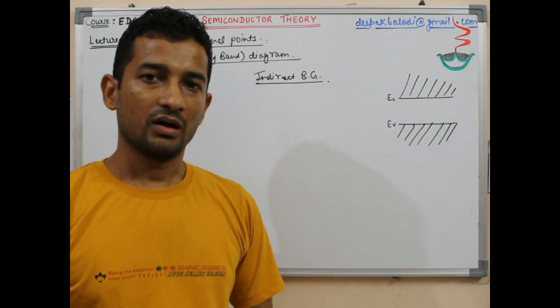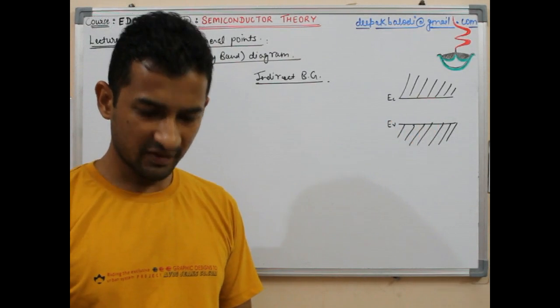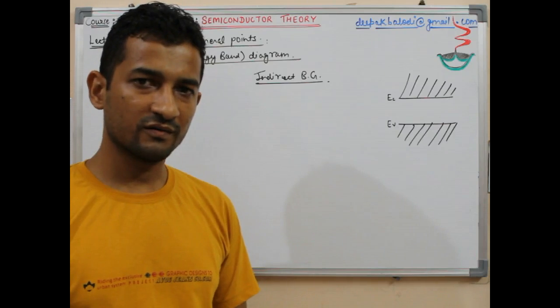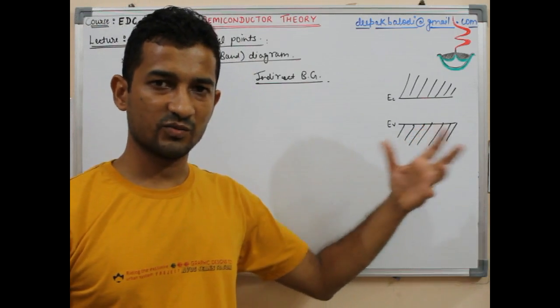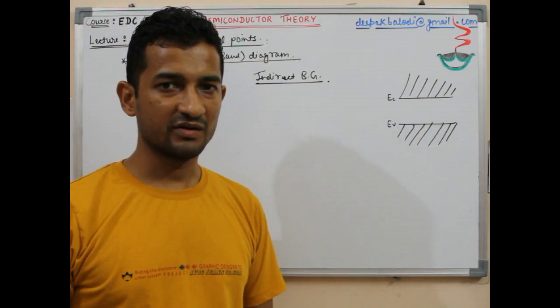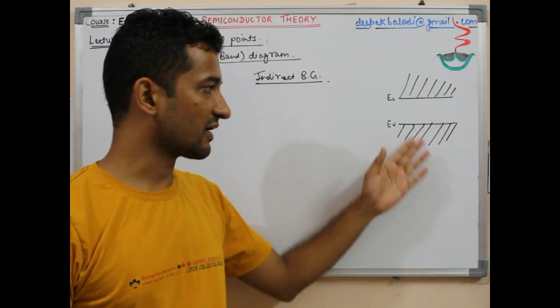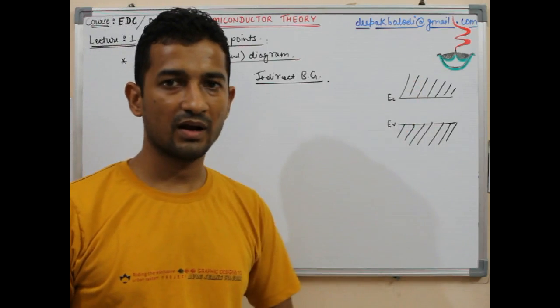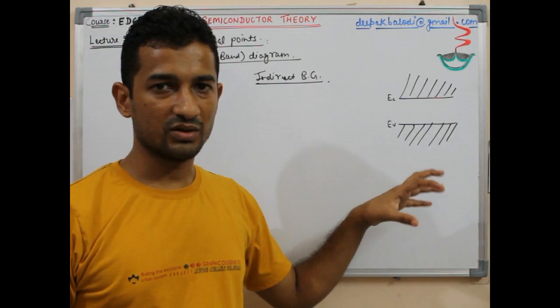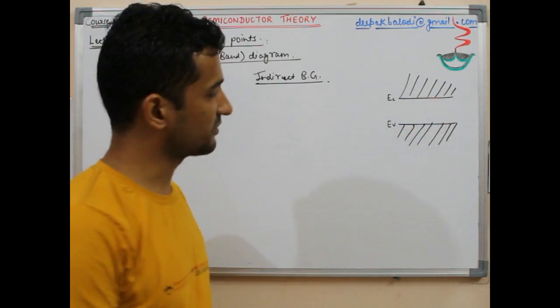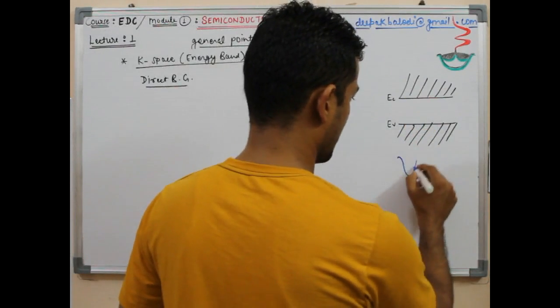As I briefly discussed, there are lots of discrete energy levels, which correspond to different energy particles, like electrons in the valence band, similarly electrons in the conduction band. So the energy levels are not so simple, they are randomized in fashion, and the actual scenario is something like this.